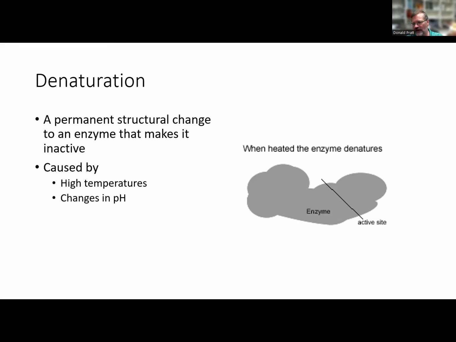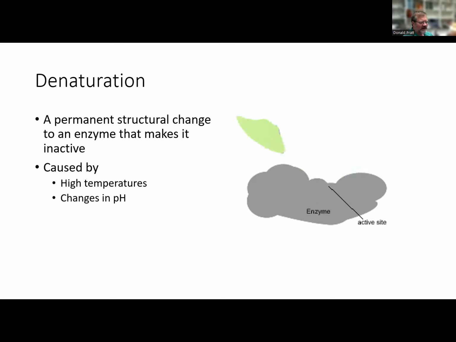Enzymes are very complex. They can be turned on and off in the presence or absence of certain things, but those are reversible. Denaturation is permanent. Things that can cause denaturation include high temperatures. A really good example of this is an egg. The egg white is mostly protein.